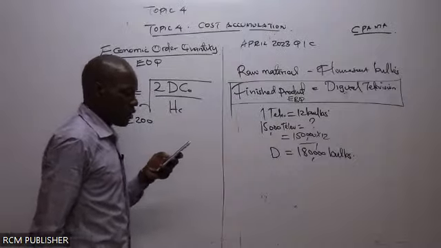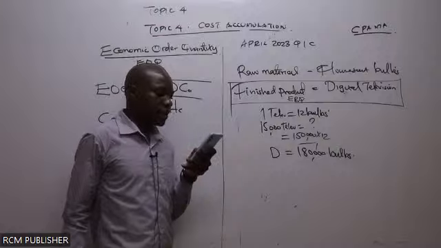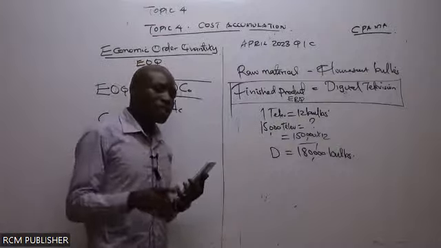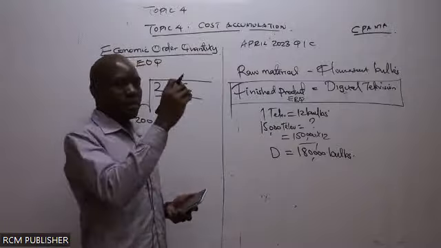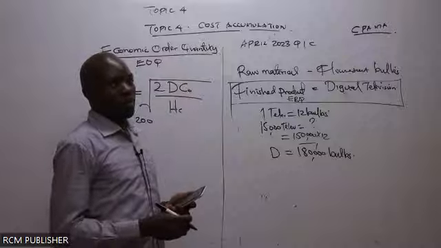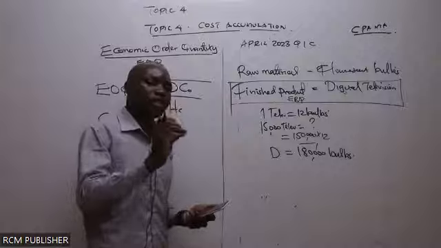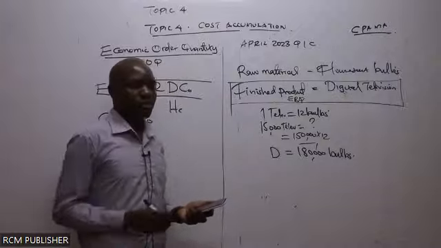Then the carrying costs are shillings 8 per bulb per year. The carrying cost is the amount incurred to take care of these bulbs until they are used. That carrying cost is equivalent to 8 shillings per bulb per annum.